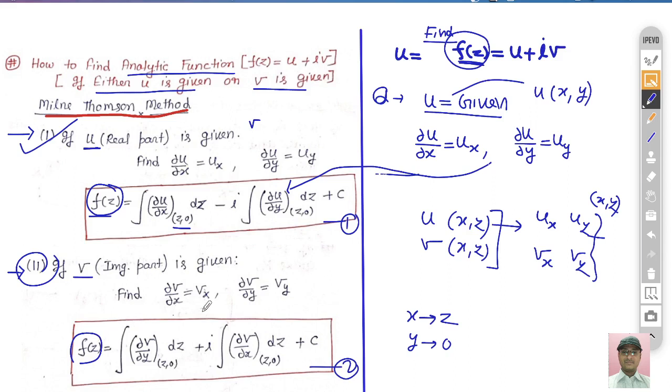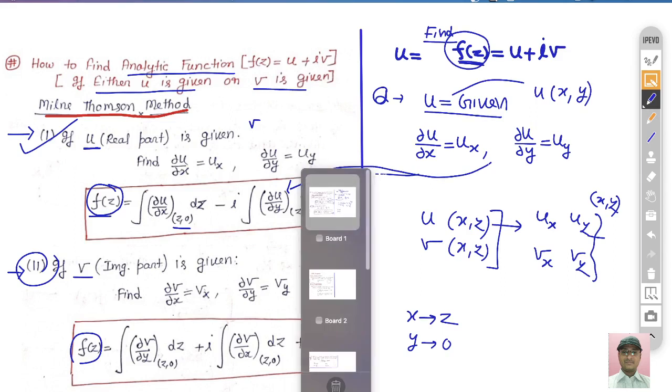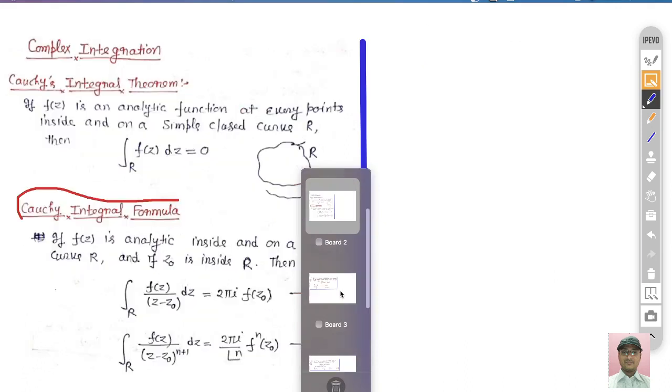So this is the Milne-Thomson theorem. By using this theorem we can find the value of the complex function or analytic function, right? We also apply this Milne-Thomson theorem on some problems.